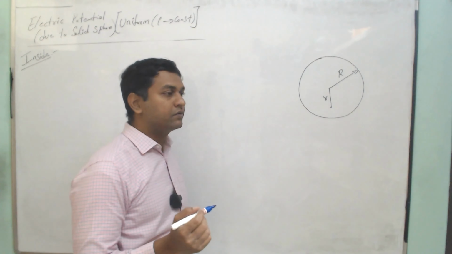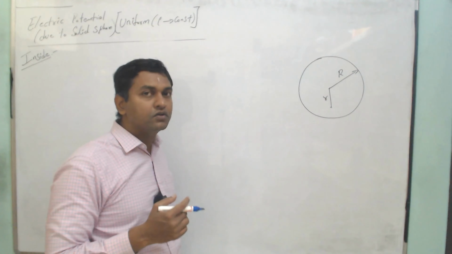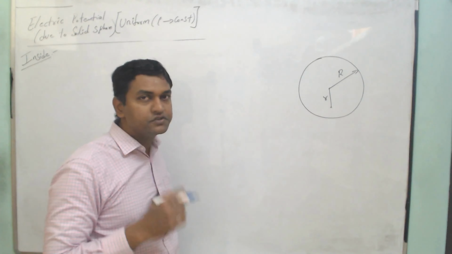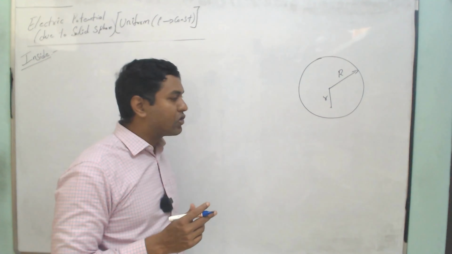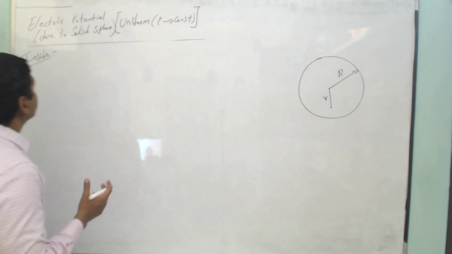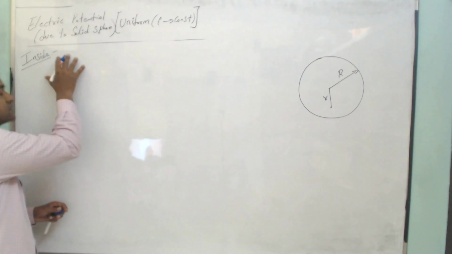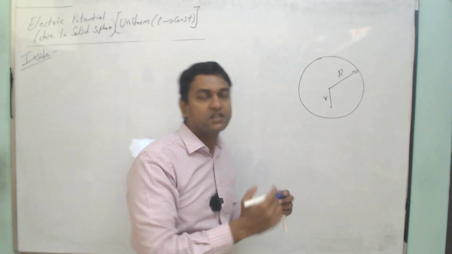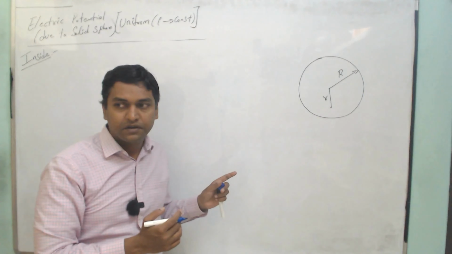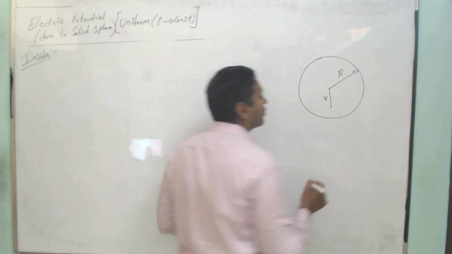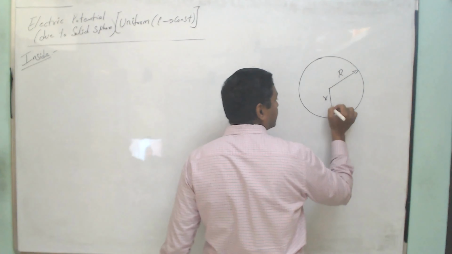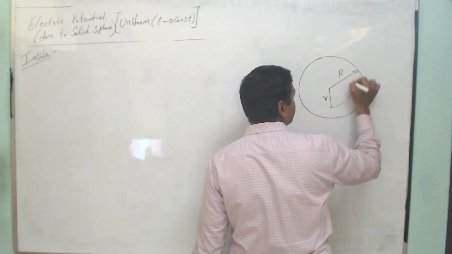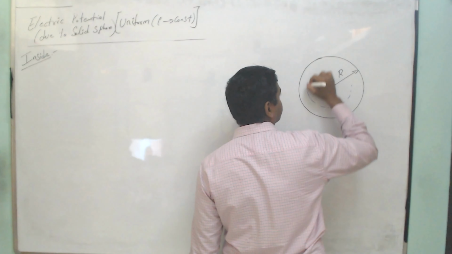So if you remember, we did electric field also, inside, outside, solid sphere. To find the potential inside, again we will have something called inside outside. So basically what I'll do is, at a radius of r, I am going to draw a sphere.